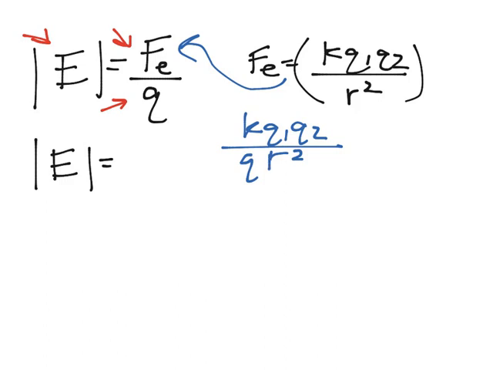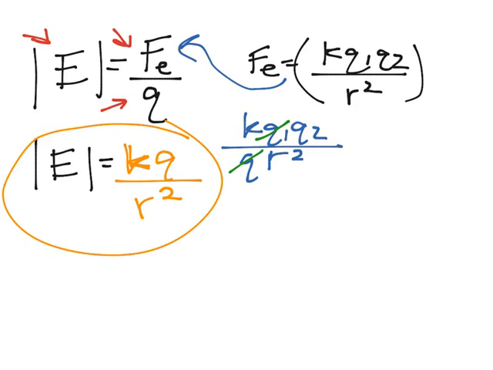We can cancel our Q's on bottom. So a way to simplify this formula, and one that will be very useful to you, is K times Q over R squared. So remember, K is still equal to 9 times 10 to the 9th. Q is just your charge for whatever is creating the field, and R is your radius.